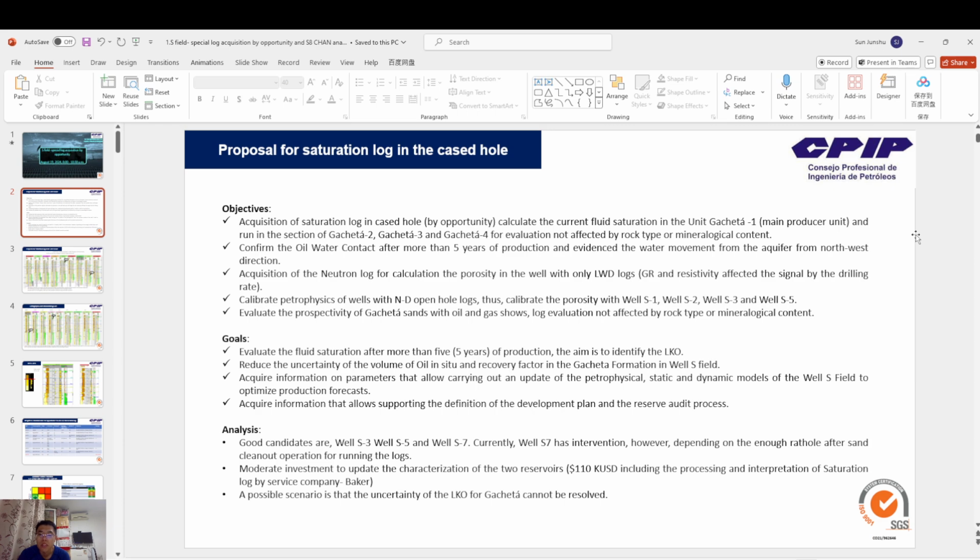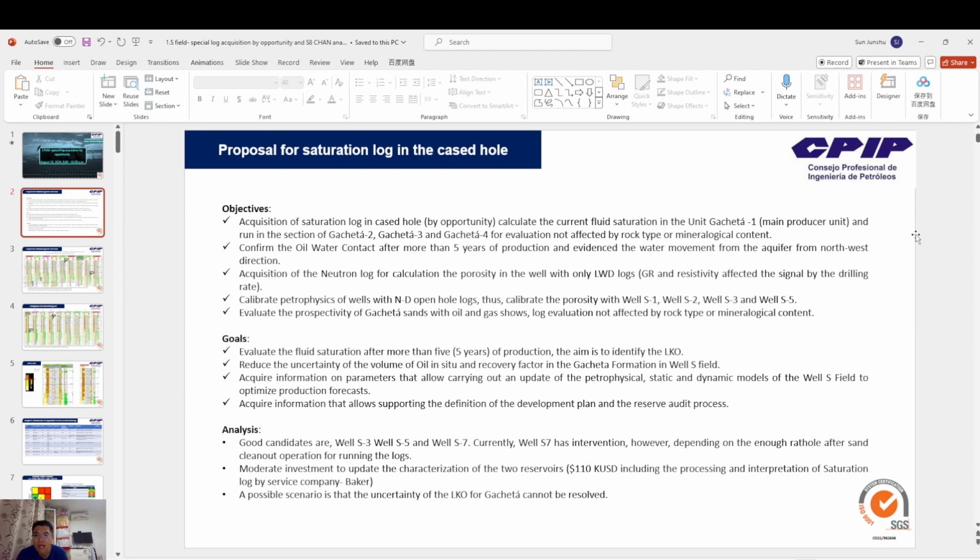Moderate investment to update the characterization of the two reservoirs, which is around 110,000 US dollars, including the processing and interpretation of the saturation log by service company Baker.